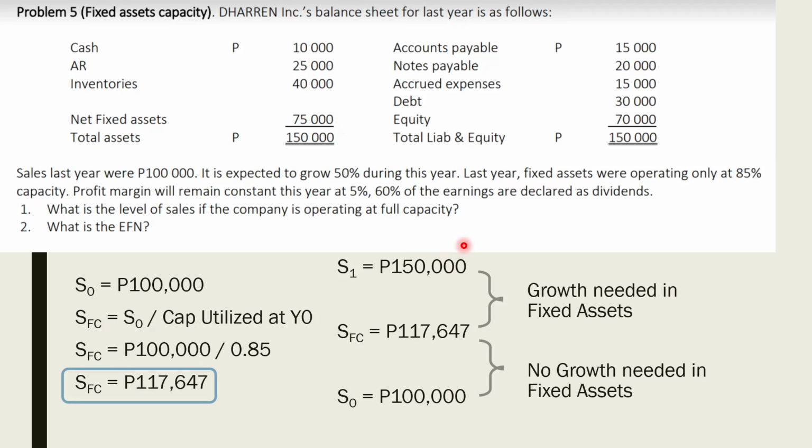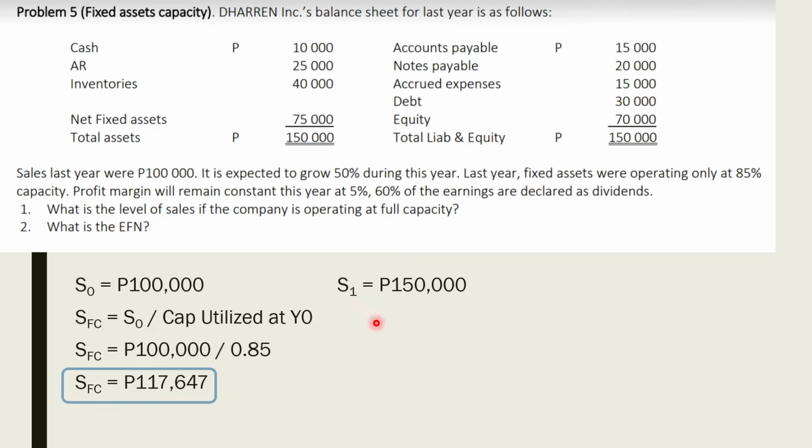This is a middle ground situation where your fixed assets are not yet at full capacity, but this would not be enough to cover next year's sales. So you would come up with an awkward situation where the growth rate of your current assets, which is in line with sales, at 50%, is not the same as the growth rate for your fixed assets.